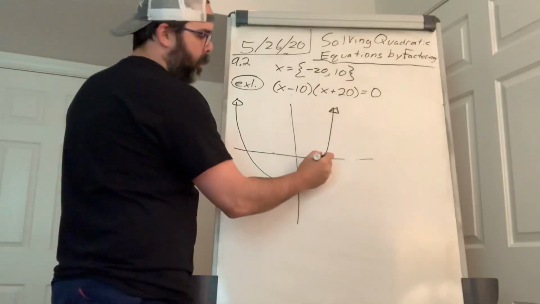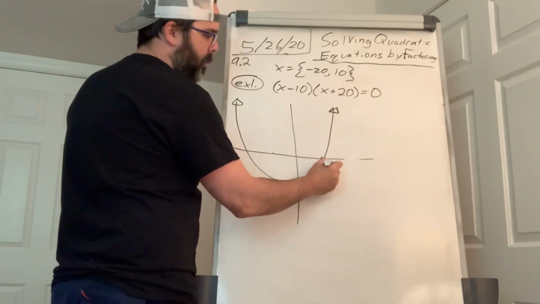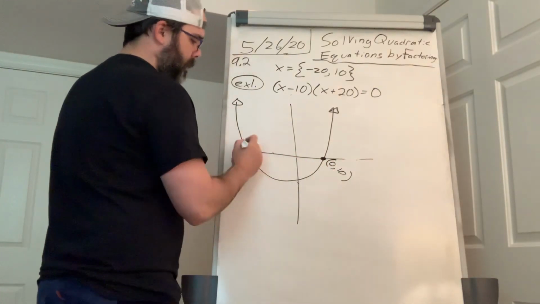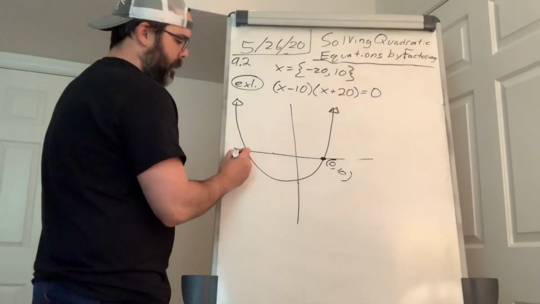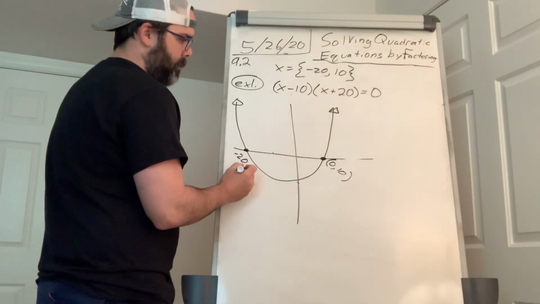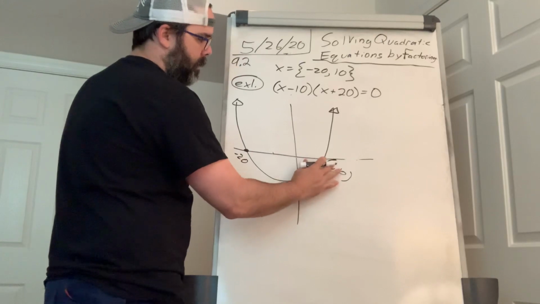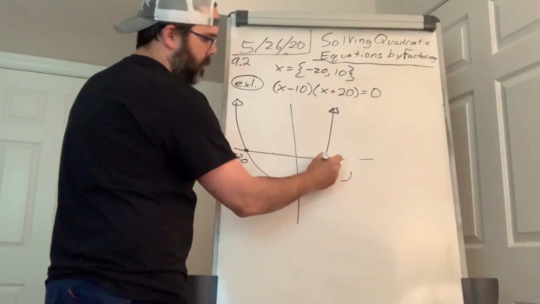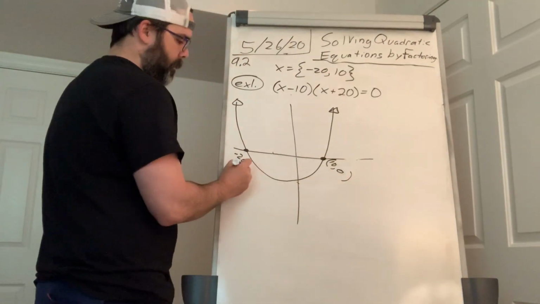Okay, this point here would be 10, 0. And this point here would be negative 20, 0.